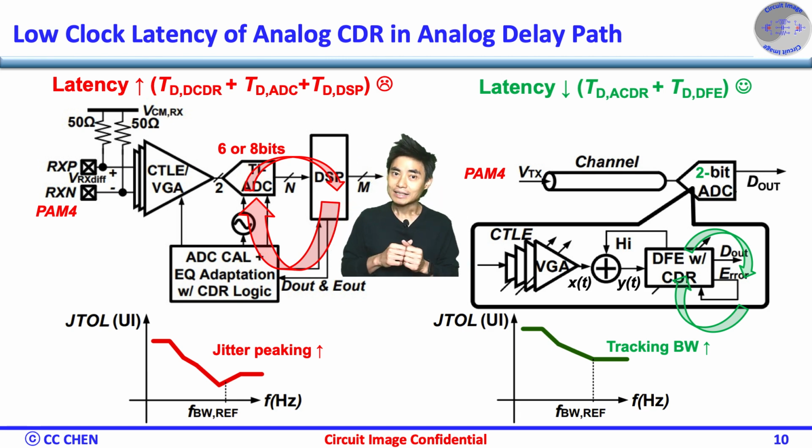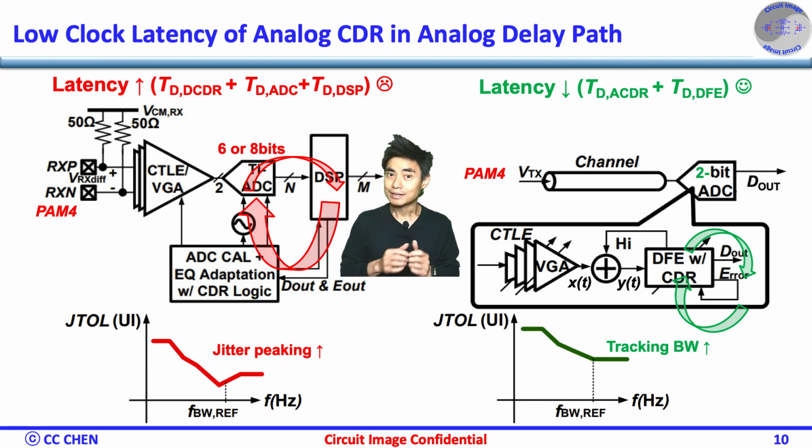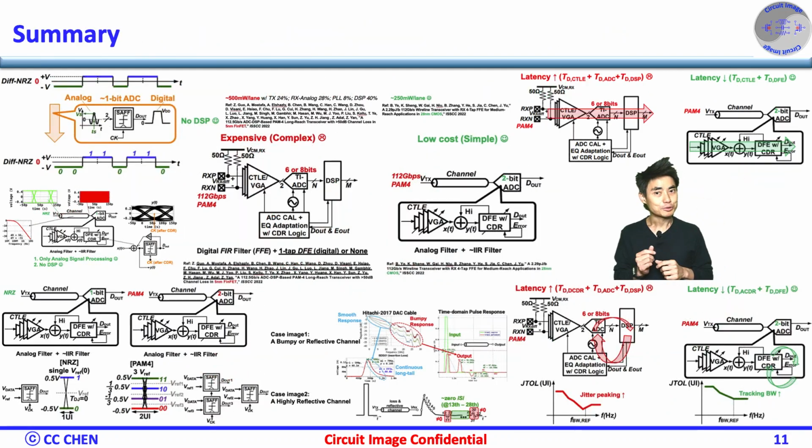The analog RX CDR can have better jitter performance and fewer timing errors than the digital CDR, since the analog CDR does not suffer from the quantization noise and timing uncertainty introduced by the ADC and digital processing. Here are the summarized images showing why we need the analog PAM4 receiver, RX.